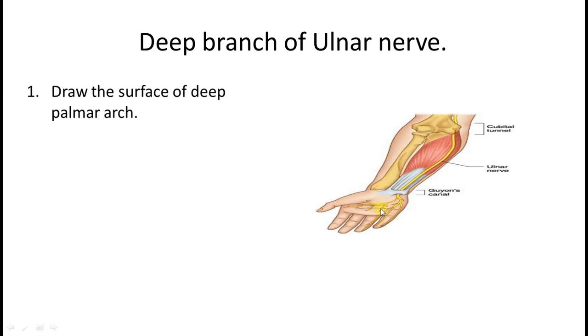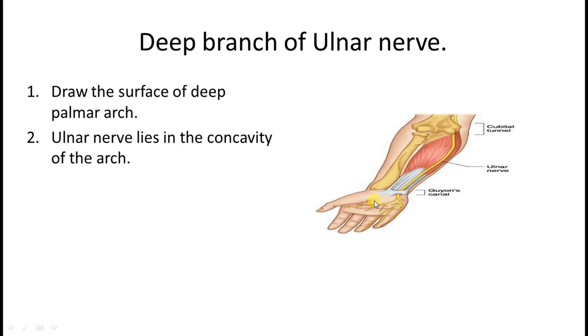That is your deep palmar arch, which we have seen already. Now, very close to the deep palmar arch, along its concavity, you draw a concave curved line that will represent your ulnar nerve.